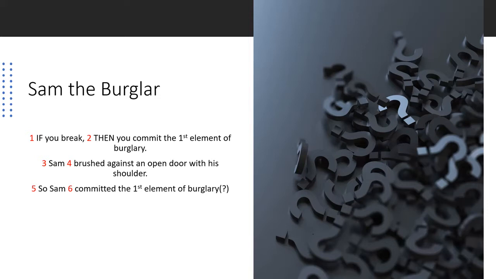I'm not focusing on the then, I'm focusing on the if, and I'm focusing on the facts to see whether they meet the if. The real question that needs to be answered, see if this makes sense, is not whether Sam committed burglary or whether Sam committed the first element of burglary. The real question that needs to be answered is whether brushing against an open door with your shoulder is a breaking. That's the question that needs to be answered.